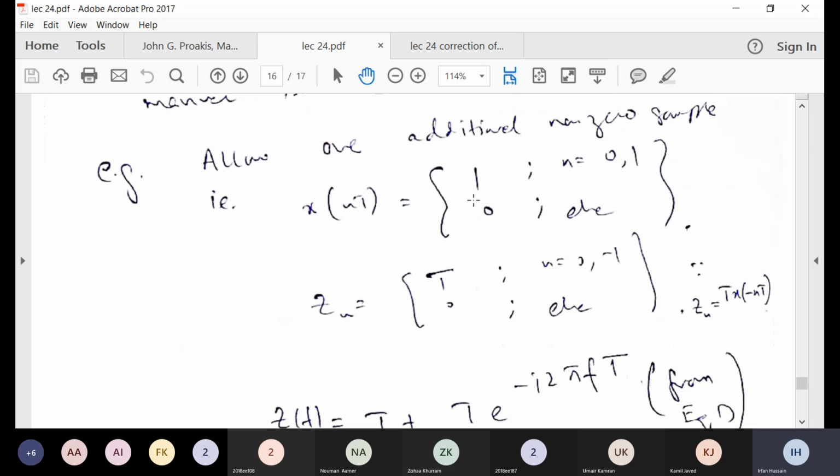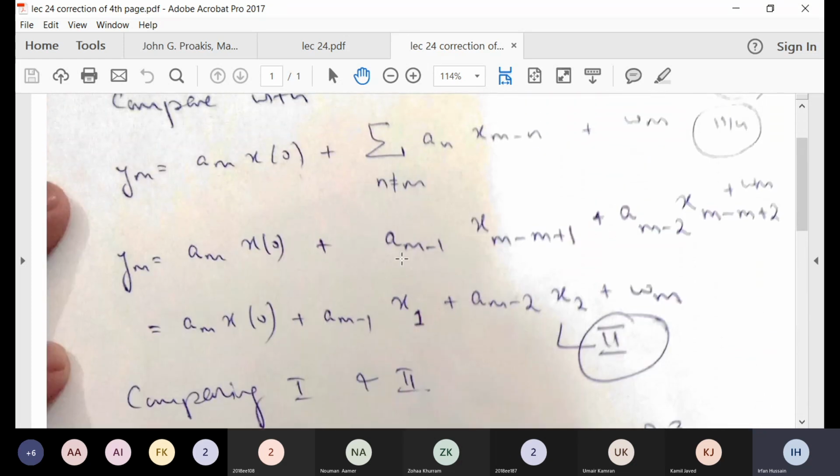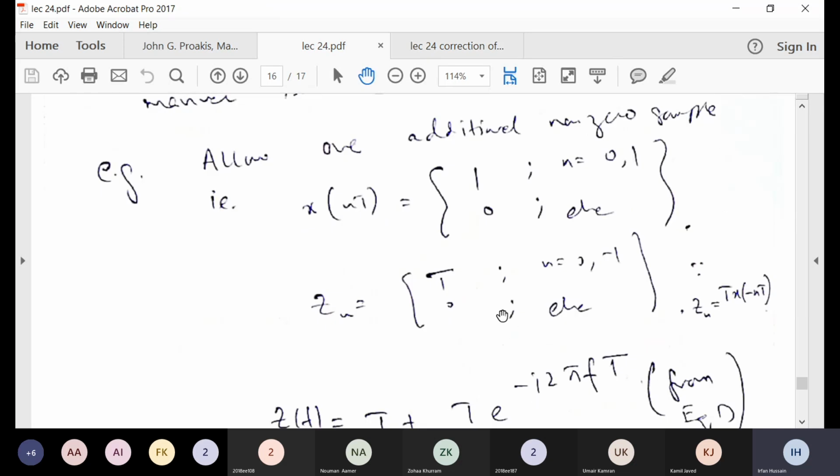The meaning of x1 is that you are allowing the last symbol, a(m-1). So I'm not only allowing a(m), but I'm also implying that the ISI can take into account the previous symbol that was sent. a(m) is the current symbol and a(m-1) is the previous symbol that was sent, that is also existing as an ISI. So both are allowed.